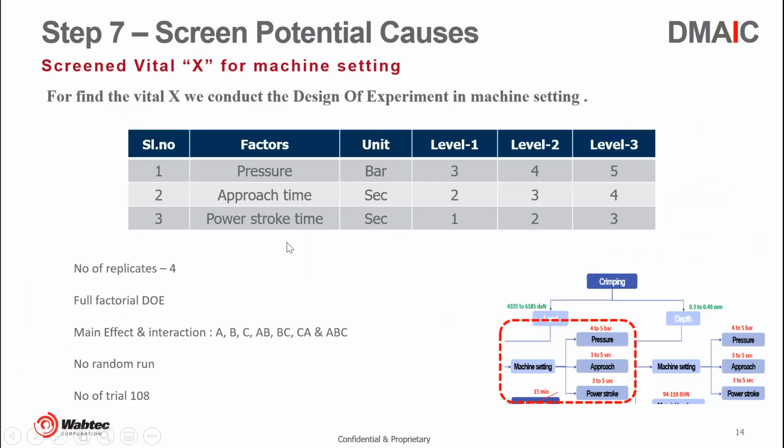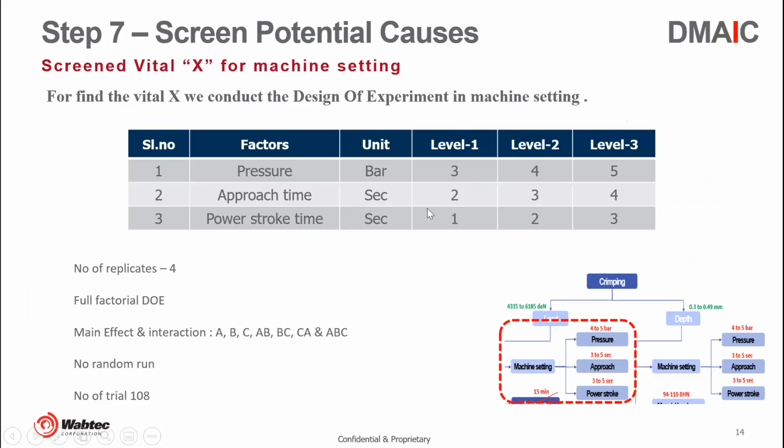Further, based on the vital X, we thought it would be appropriate to do a design of experiments on these machine settings, wherein the factors were pressure, approach time, and power stroke. There were 3 levels in each parameter, between 3, 4, and 5.